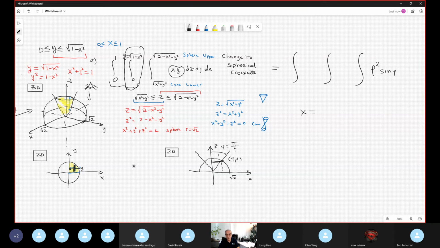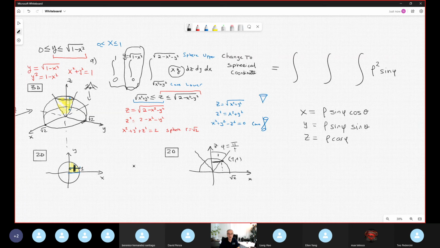The formula is x equals, y equals, z equals. Spherical coordinate formulas. Rho sine phi cosine theta. Rho sine phi sine theta. Rho cosine phi. It's the formula for the conversion.